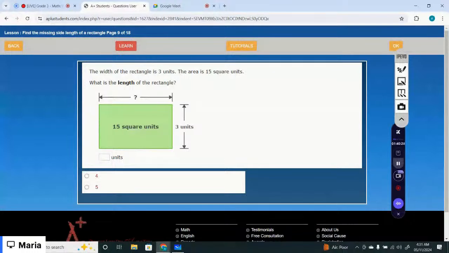What is the length of the rectangle? 3 times 5 is 15, right? So that is 15 square units. Option 5. The correct option is 5.